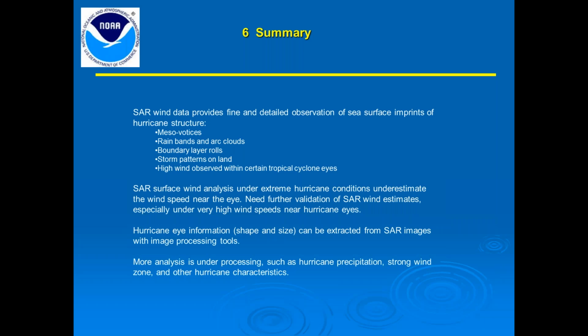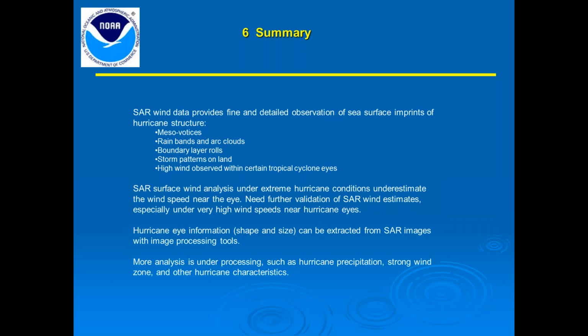So basically, in the first part, we can observe the hurricane structure in very, very fine detail. We can show the hurricane morphology, the eye shapes, the size, and what's in it. And then with a little analysis, we can extract the rain band, the arc cloud. We can look at the boundary layer roll and its distribution. And we can tie that to the local hurricane winds.